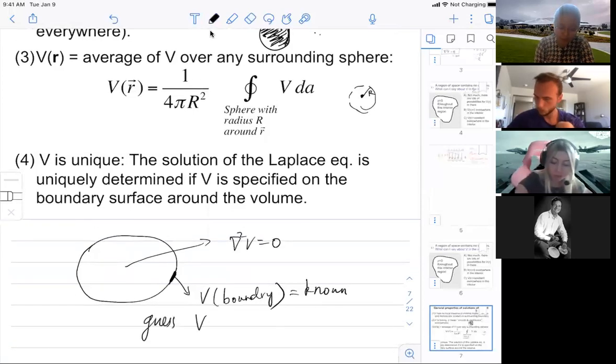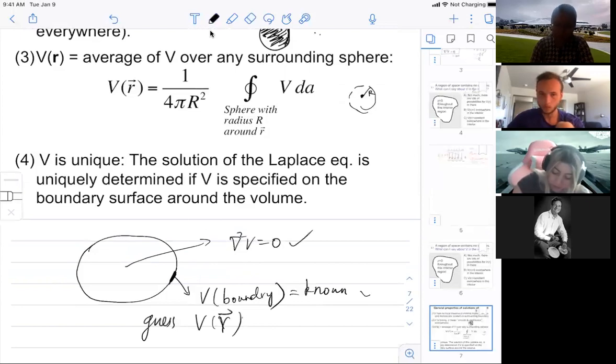If I guess a function V of r as a function of space, and it satisfies the Laplace equation and satisfies the boundary condition, then that must be the only solution possible for the potential in the region. There are no other possible ways.